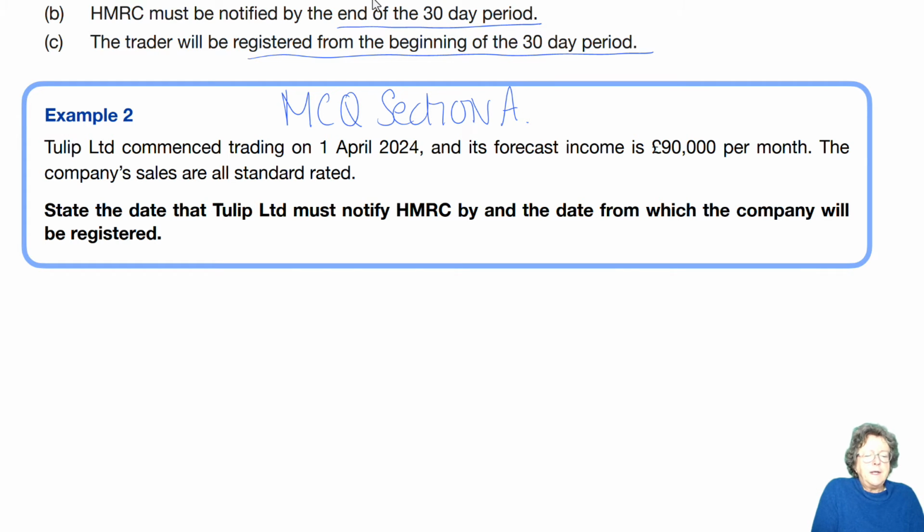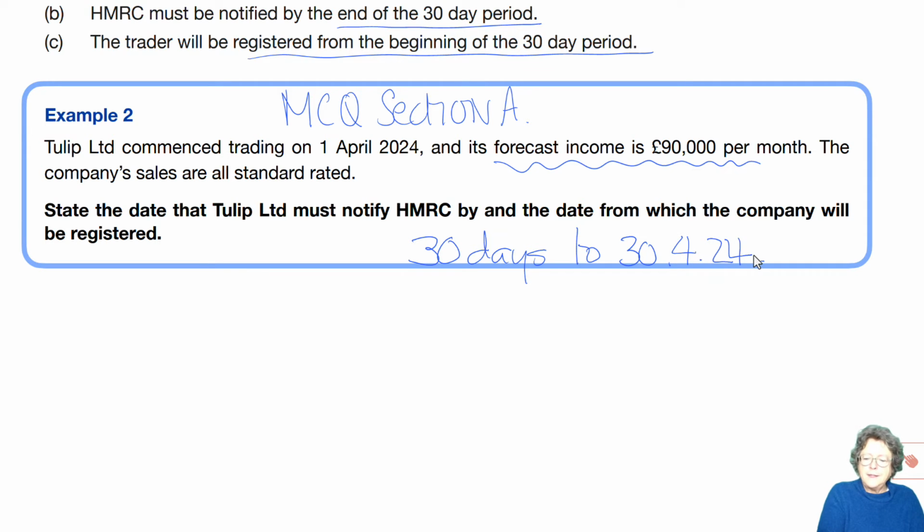So if the company has reasonable grounds to believe they're going to exceed that limit in the following 30 days, then they need to be registered. Now, obviously, their forecast income is over the limit. So taxable supplies for the 30 days to the 30th of April 24, they are going to exceed that limit.